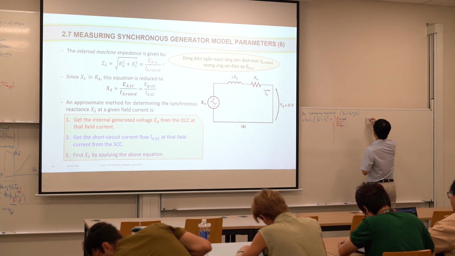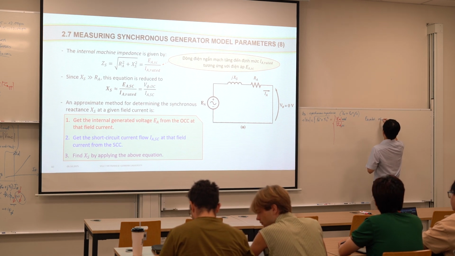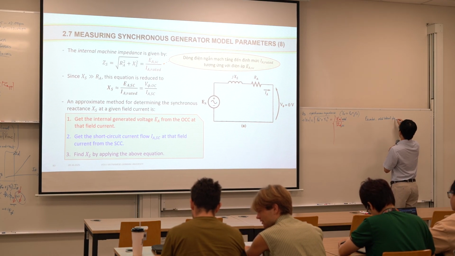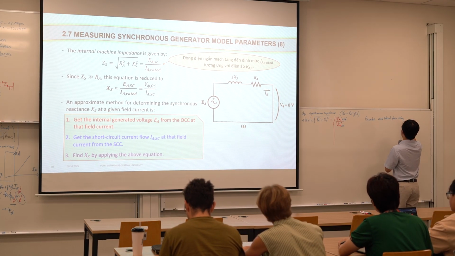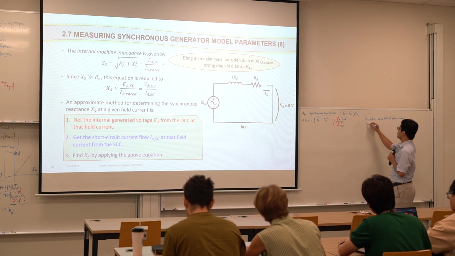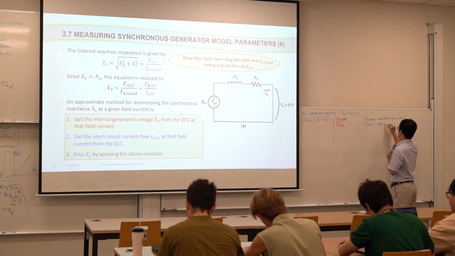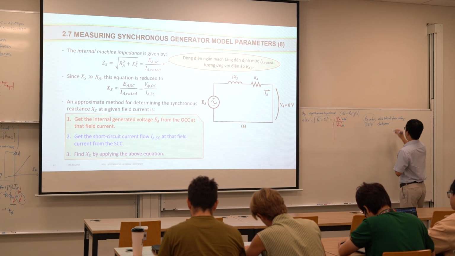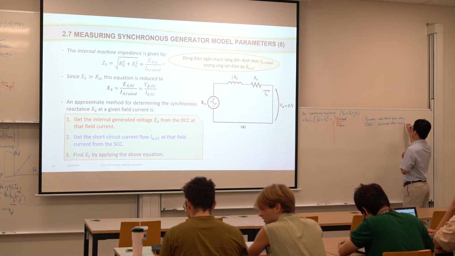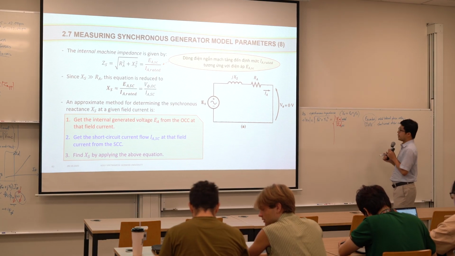So here EA means rated internal phase voltage. Okay, this is very high. And IA short circuit means short circuit armature current. Do you understand?